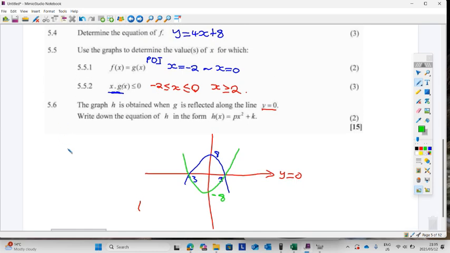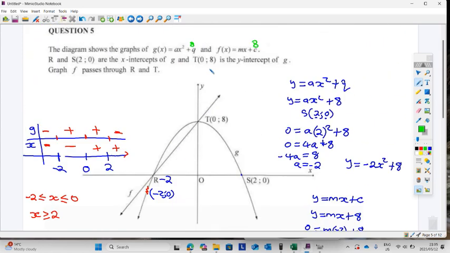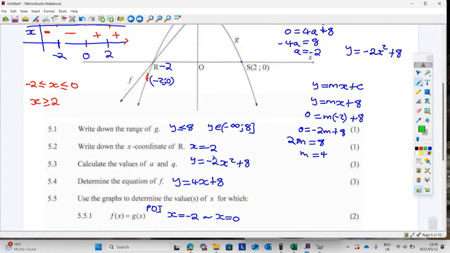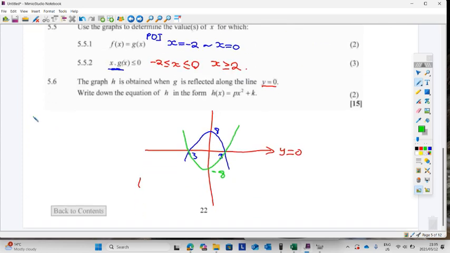The original equation, remember the equation, it was y is equal to -2x squared plus 8. Your g of x was equal to -2x squared plus 8. Now, when it is reflected along this y is equal to 0, it was negative.